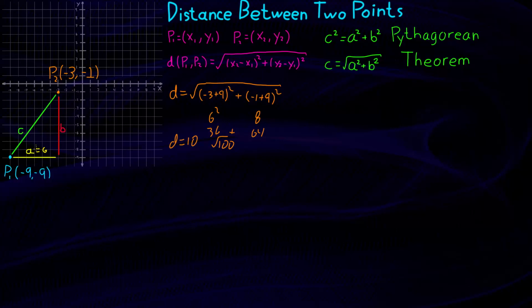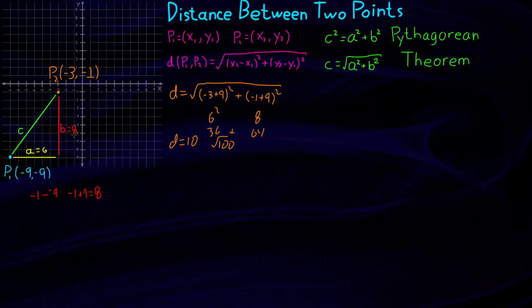And for B, let's mathematically do B quickly. We've got -1 minus -9, which is the same as -1 plus 9, and that is 8. Let's go ahead and count this: 1, 2, 3, 4, 5, 6, 7, 8. So B is indeed 8.